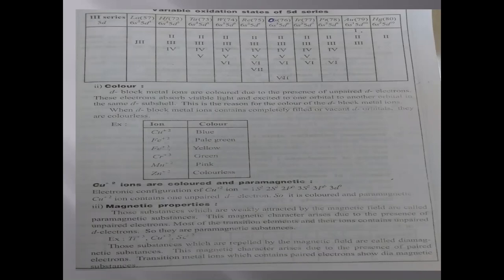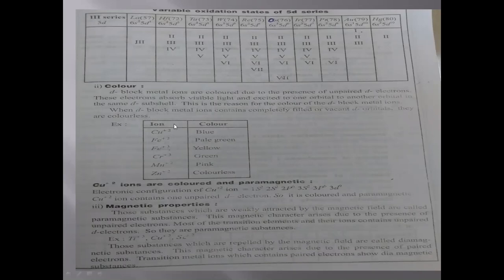Now coming to another topic, that is color of d block elements. D block metal ions are colored due to the presence of unpaired d electrons. These electrons absorb visible light and get excited from one orbital to another orbital in the same d subshell.